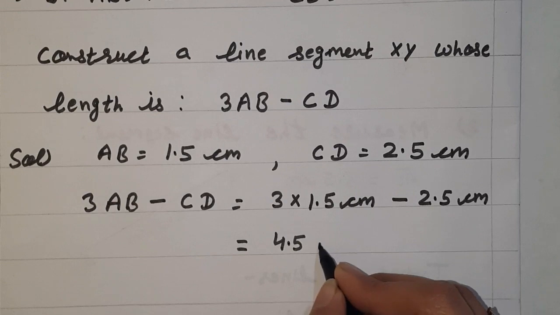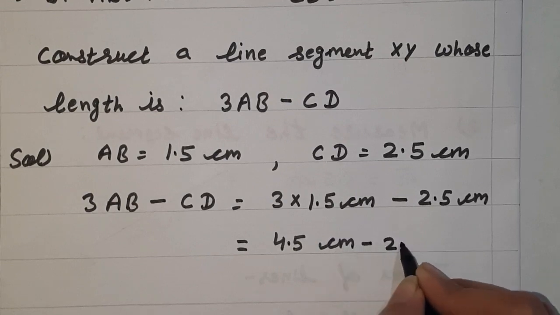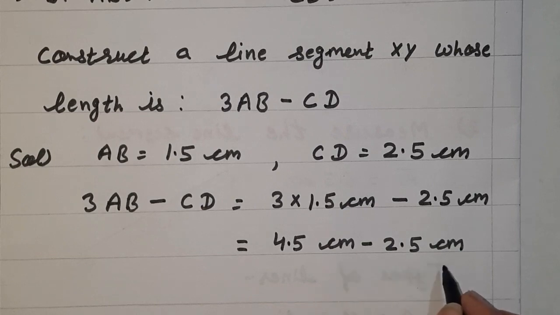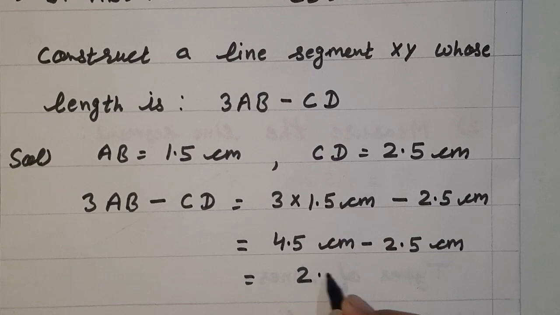Decimal is here. Put the decimal. Minus 2.5 centimeter. 4.5 minus 2.5. 45 minus 25. It's 20. And when decimal is there, 2 decimal 0.